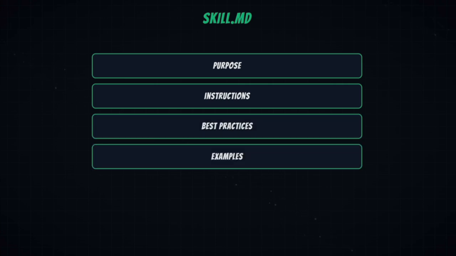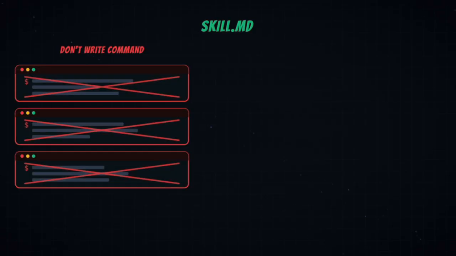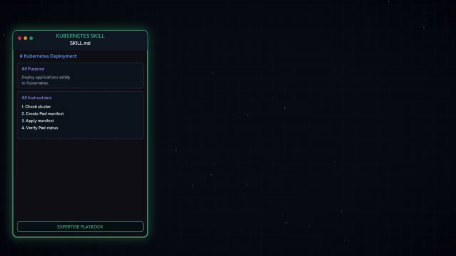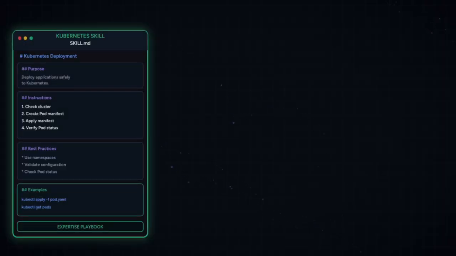But I want to tell all of my users that in skill.md we don't write any commands. Whatever I am telling you, we just write in simple English, like an essay. You can see on my screen, I have written a Kubernetes skill. I have just written the purpose: deploy application safely to Kubernetes.